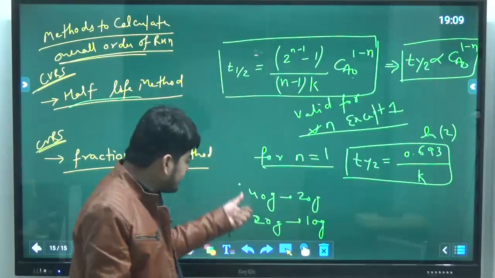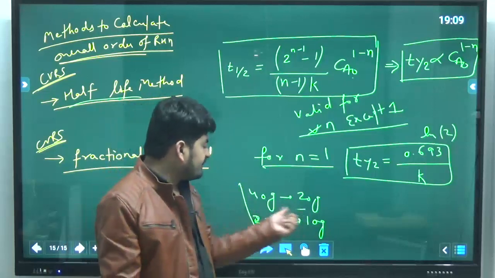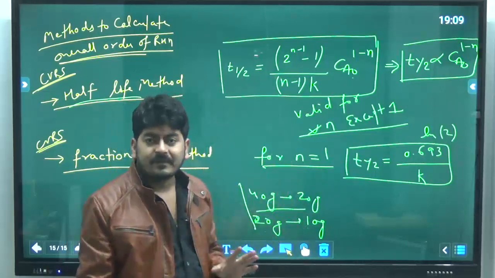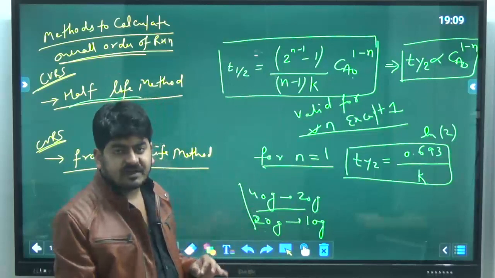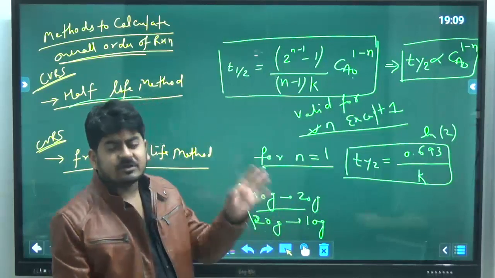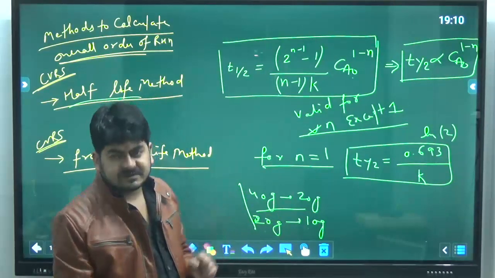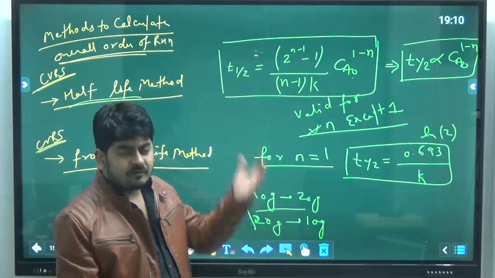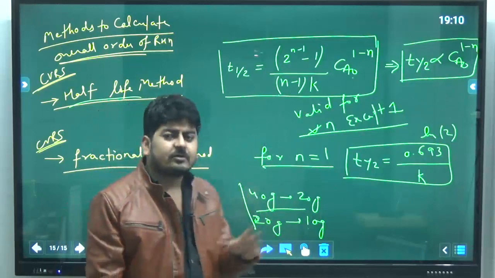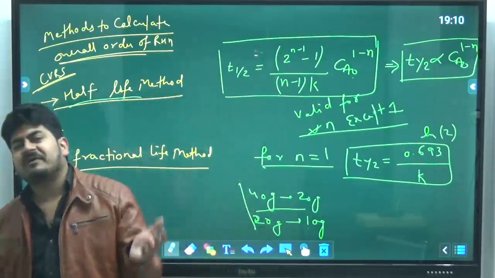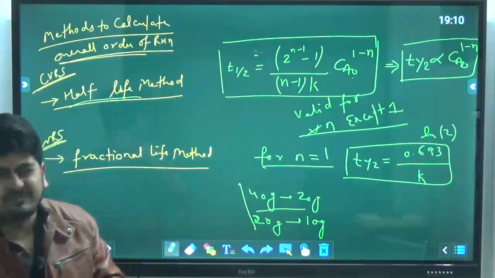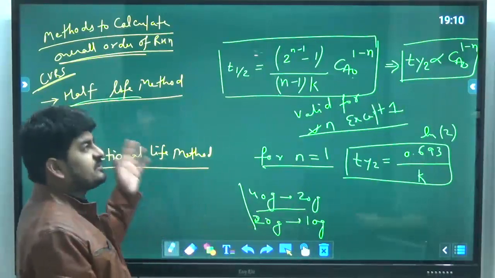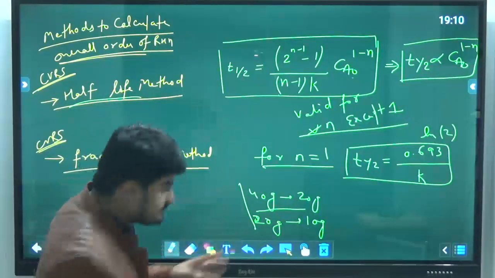So if the temperature is the same, the half-life of the reaction will be the same as well. For radioactive decay, most of it follows first order kinetics. That's why their half-life is the same for 40 gram to 20 gram, or 20 to 10, or 10 to 5, or 5 to 2.5, or 2.5 to 1.25, or 1.25 to 0.625, and so on. 0.625 to 0.3125 and so on.